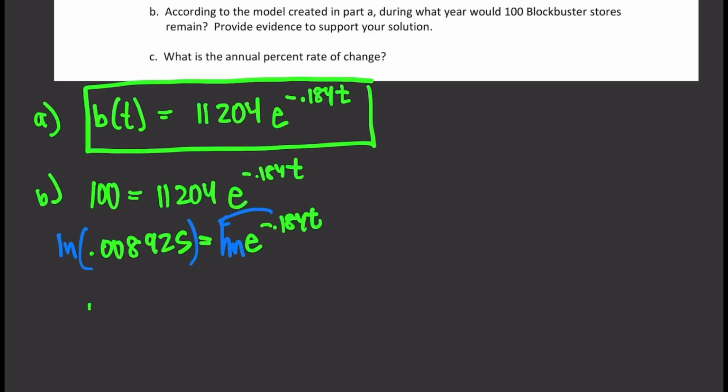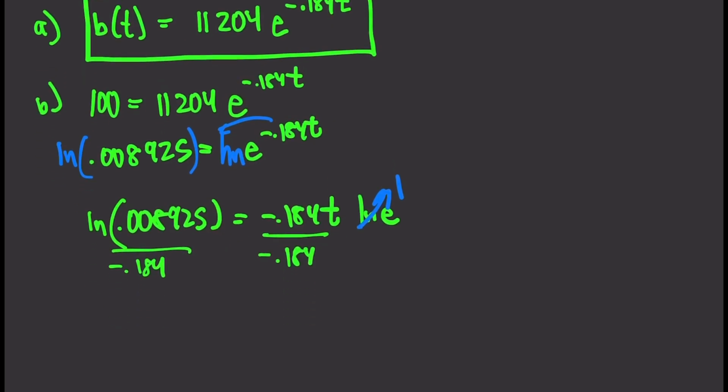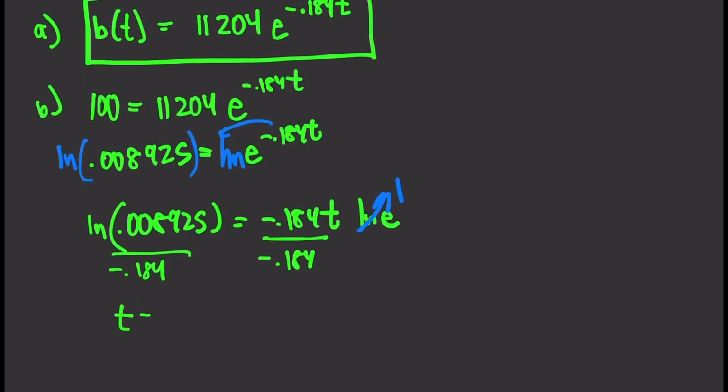So that's going to give me natural log of 0.008925 equals negative 0.184 t, natural log of e, and again, natural log of e is just 1. So I just need to divide by negative 0.184. Okay, so my value for t that I got in doing this was 25.6.